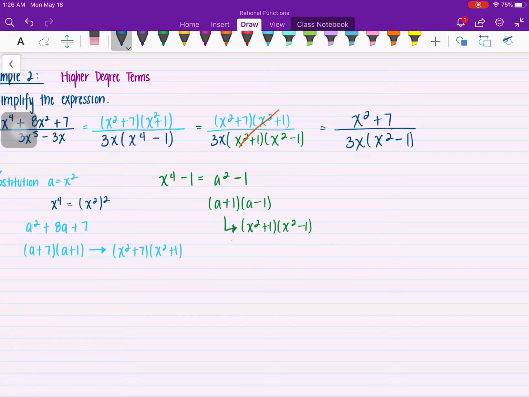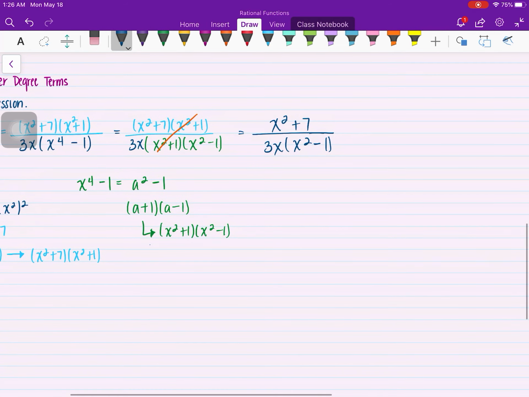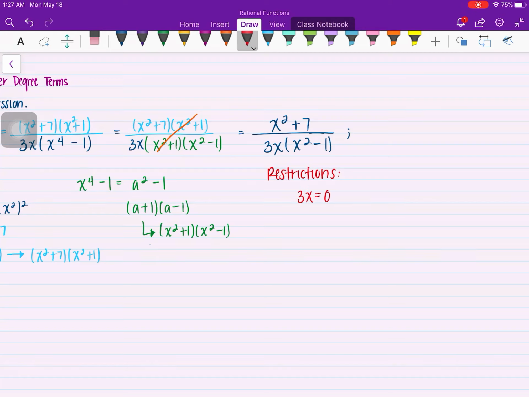Now here we're partially done because we still need to identify what restrictions we need to place for our x values. So from here, when we were looking at restrictions last week, we were basically making the expressions in the denominator equal to 0. So then we have 3x equal to 0, and x squared minus 1 equal to 0.